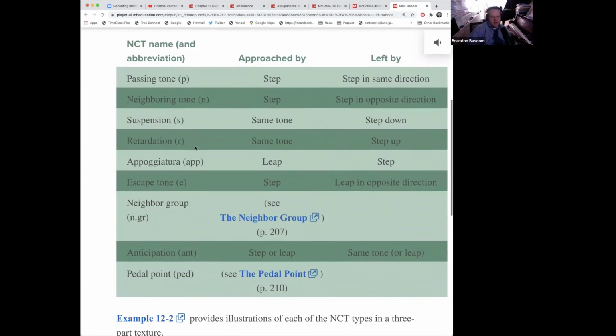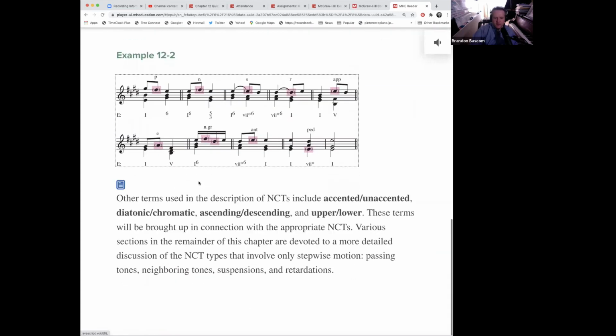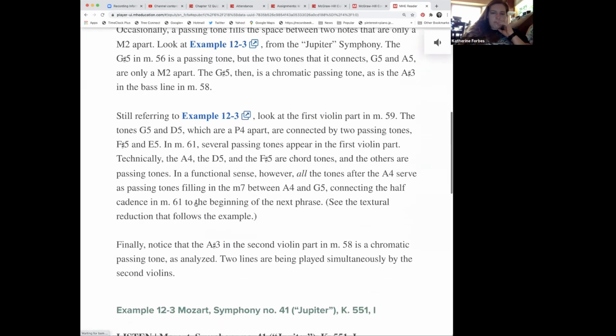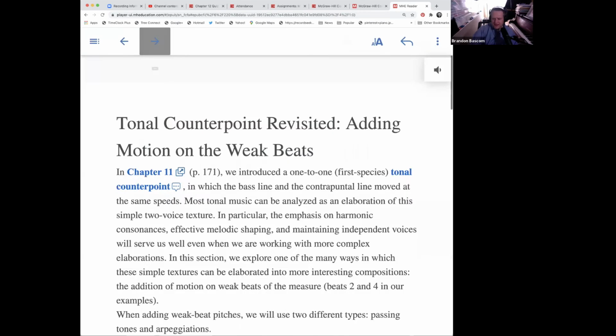Do we have all of these down? Questions, comments, concerns? All right, so you will be tested on the definitions of all of these. And then you're going to get a musical example that's marked.